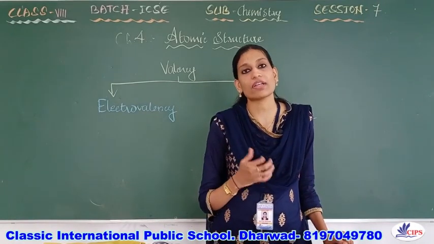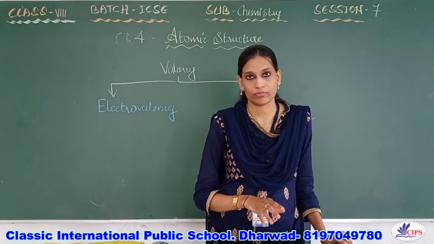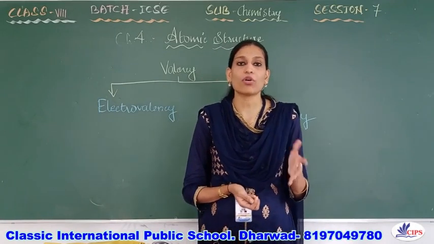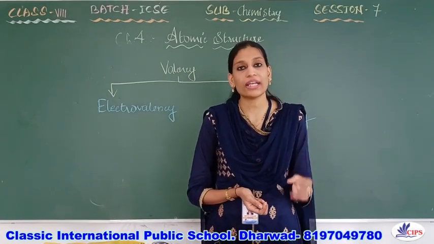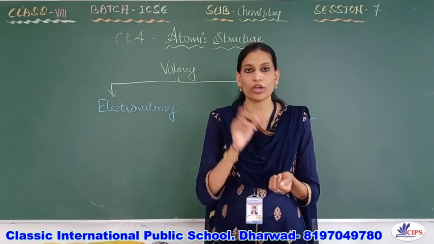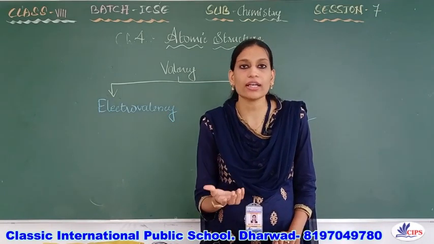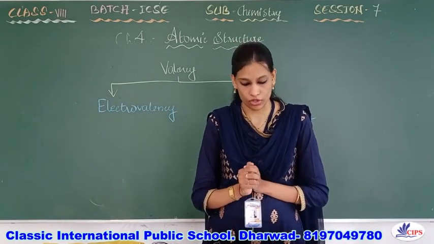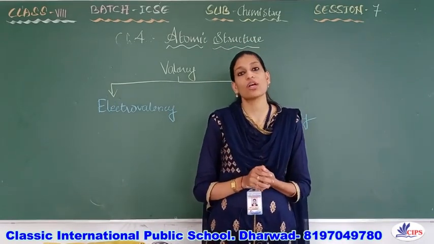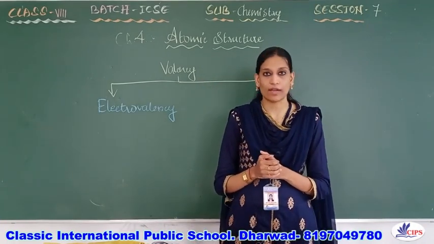Electrovalency is the valency when atoms either lose or gain electrons in their outermost orbit to become stable, to attain the noble gas electronic configuration, that is 2, 8, 8. Such valency we call electrovalency.